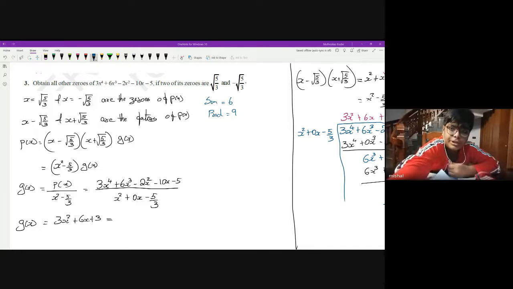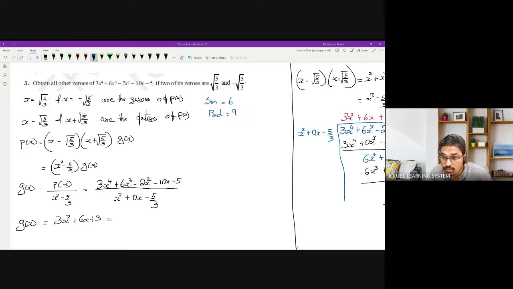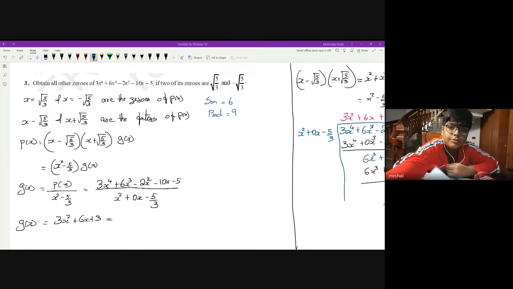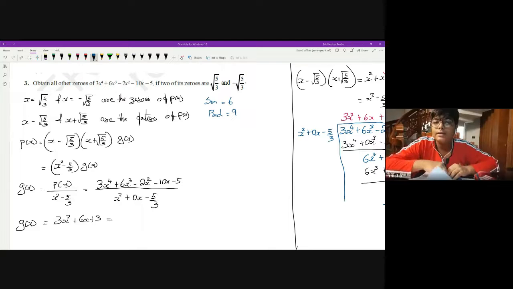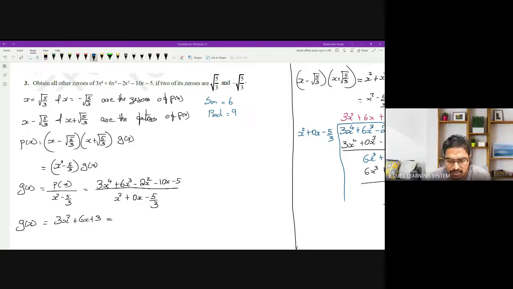Fifth question. Textbook fifth question board complete. Factors of 3x square plus 6x plus 3.